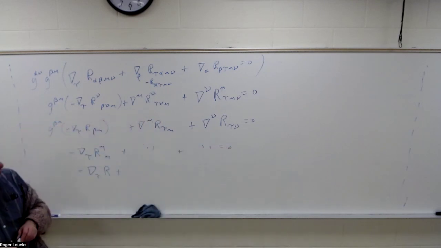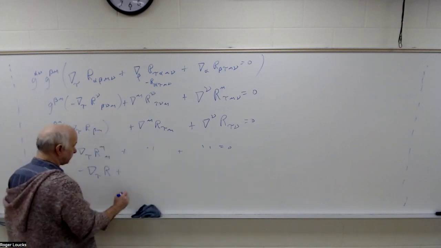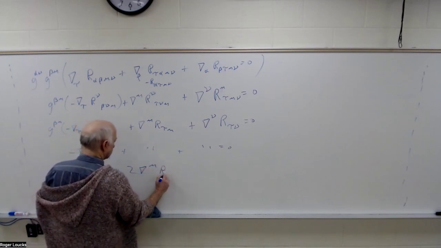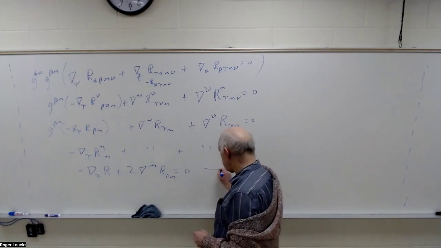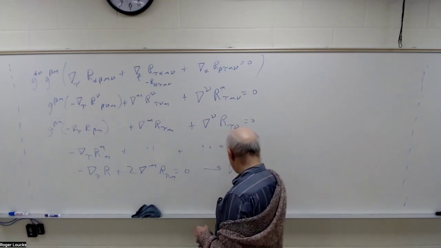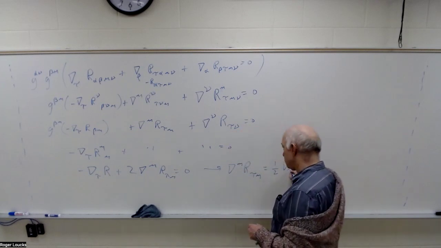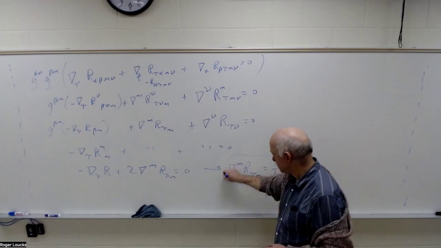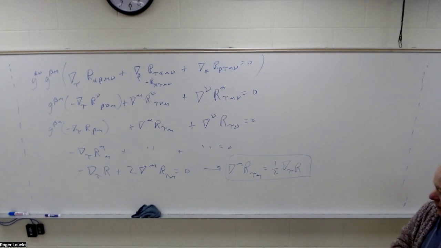Yes, they are, because the mu and the nu are dummy variables. So this is 2. And this guy here was 0, so this tells us that this guy here is equal to 1/2. Now you can look at that and say, well, thank you, that's helpful. Turns out it is. Okay, does that make sense?